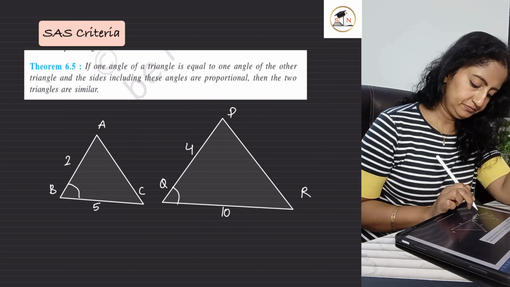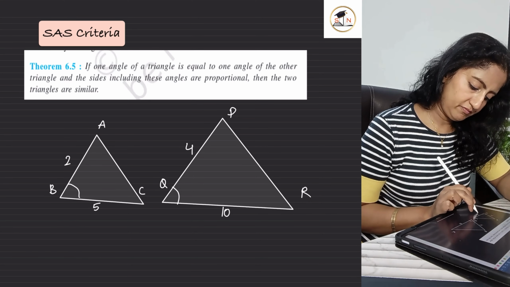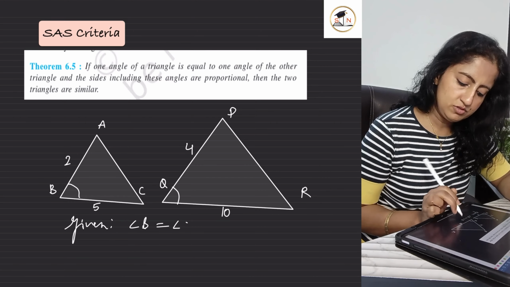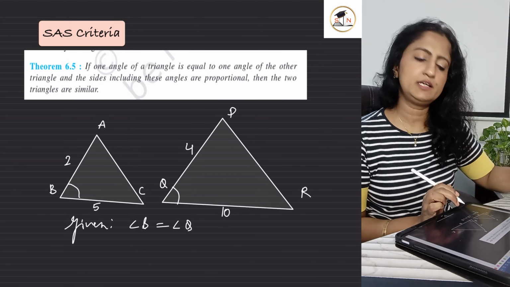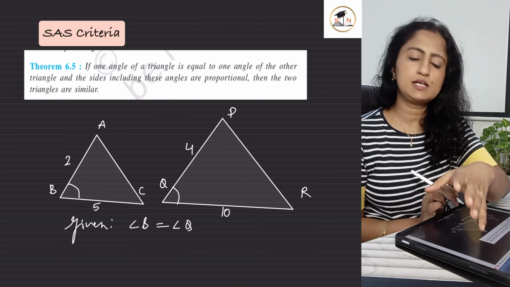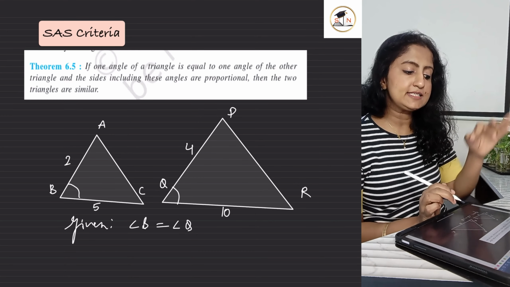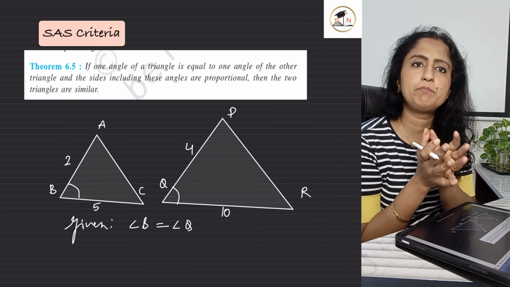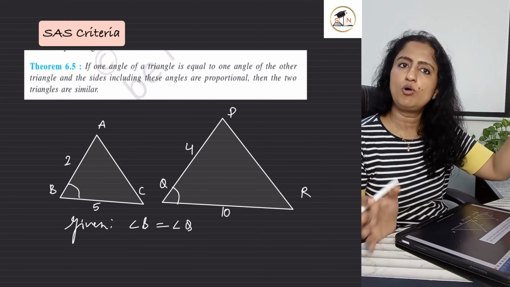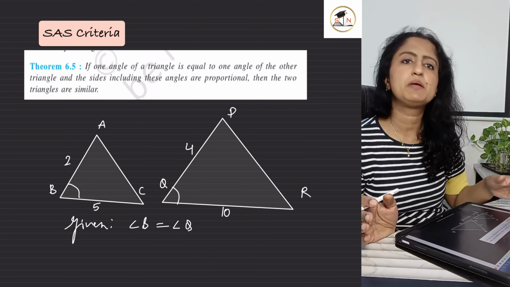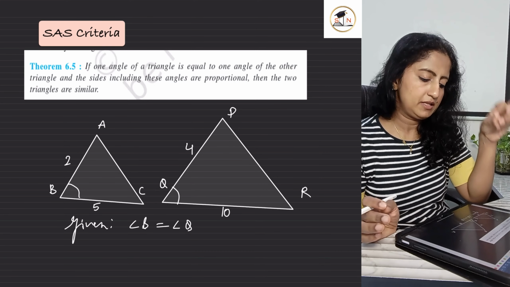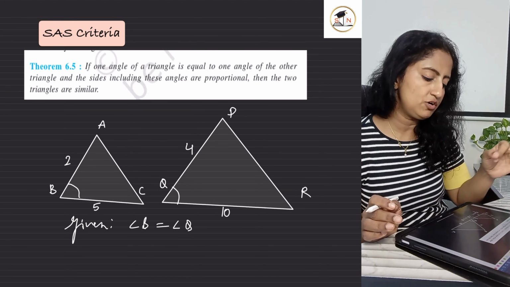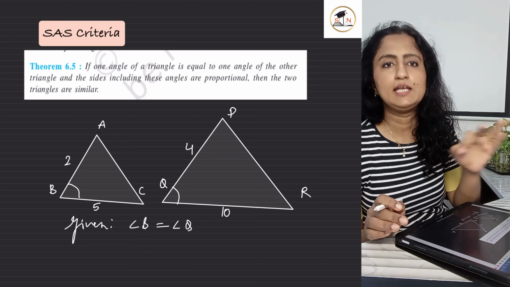So what are we having? We are given over here that angle B is equals to angle Q. पहले एंगल की बात की उन्होंने, वन एंगल इन अ ट्रायंगल इज इक्वल टू वन एंगल इन द अदर ट्रायंगल एंड देन द साइड्स इंक्लूडिंग दीज एंगल्स, मतलब एंगल बी और एंगल क्यू जिस साइड्स के बीच में है, सैंडविच पॉलिसी, कॉन्ग्रुएंसी में होती थी सैंडविच पॉलिसी, यहाँ पे भी सैंडविच पॉलिसी एग्जिस्ट कर रही है. मतलब हम ए सी और पी आर की बात नहीं कर सकते. क्यों? क्योंकि एंगल बी और एंगल क्यू ए सी और पी आर से रिलेटेड नहीं है.